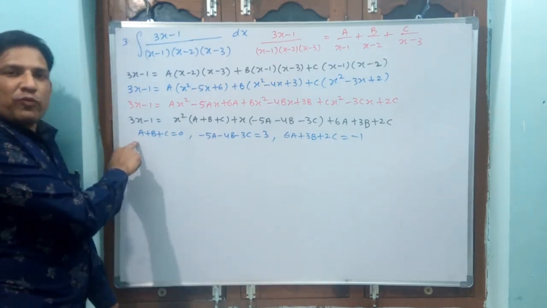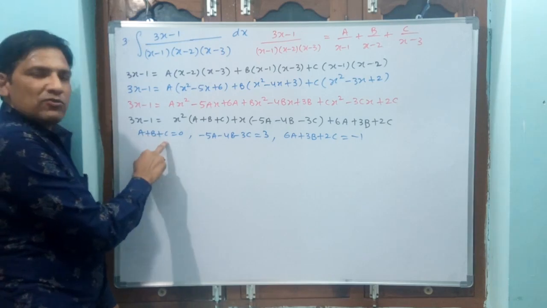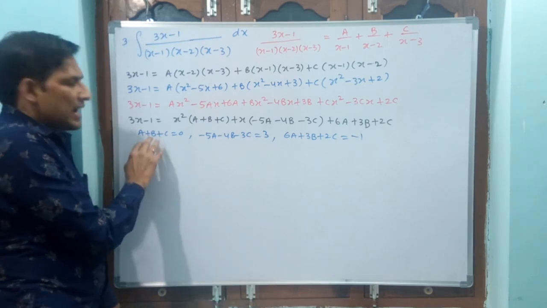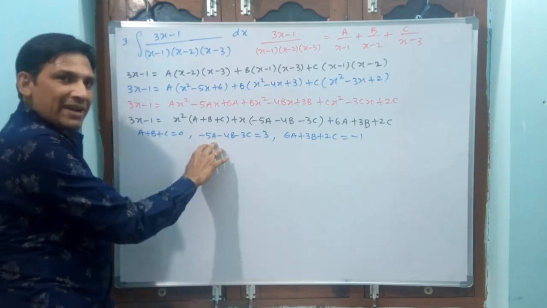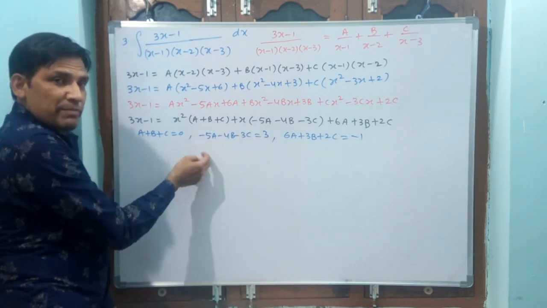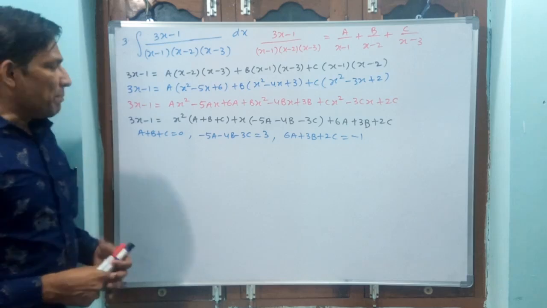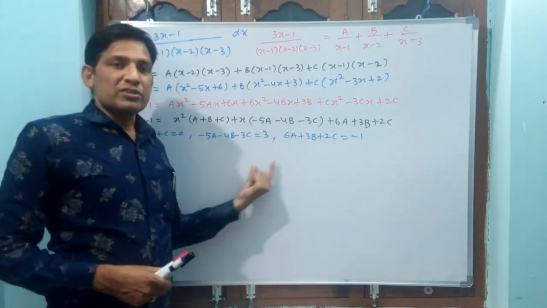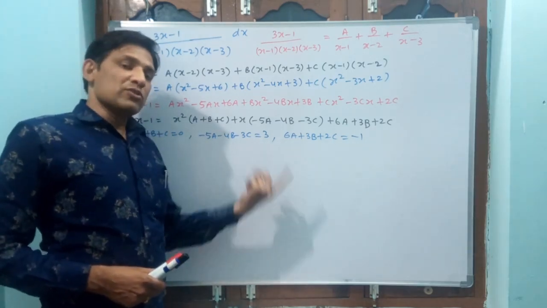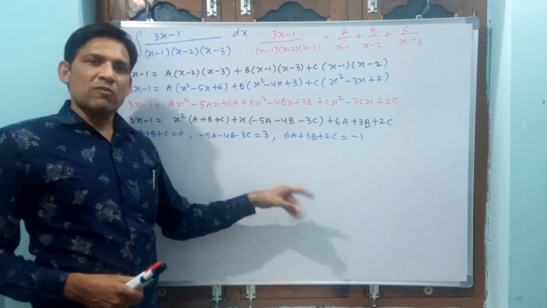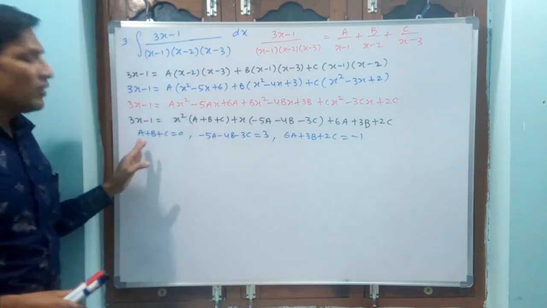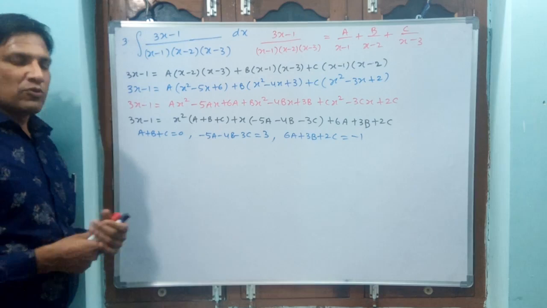Again you multiply by 5: 5a, 5b, 5c, and 5 into 0 is 0 only. Again you add with this equation, and 5a minus 5a is going to get cancelled. Then a b and c equation will come. 2 equations will be there, you can solve them and get the b and c values. Once you get the b and c values, automatically you can get the a value. Okay, like this you have to proceed.